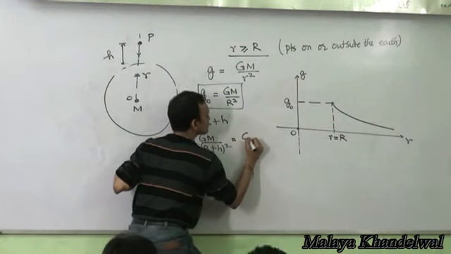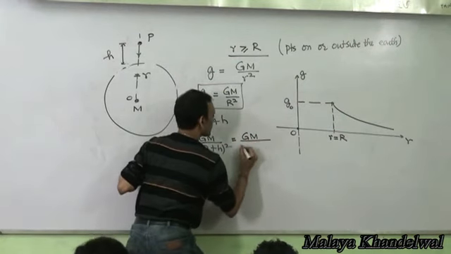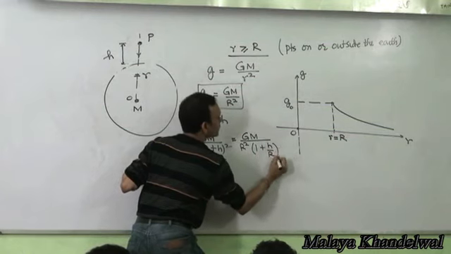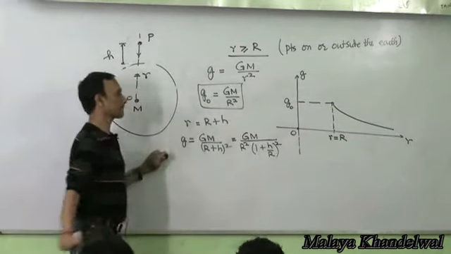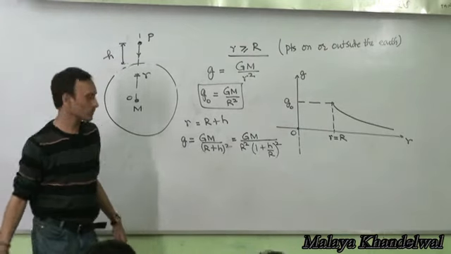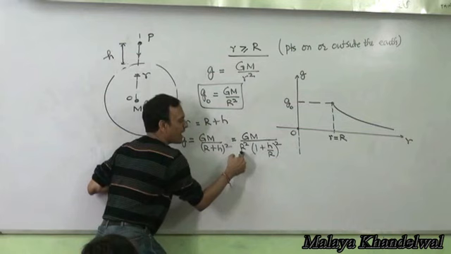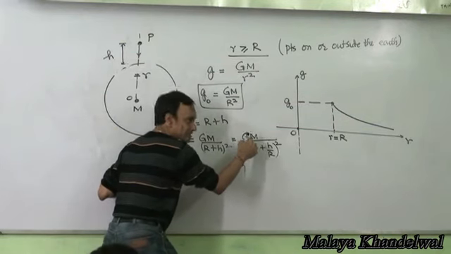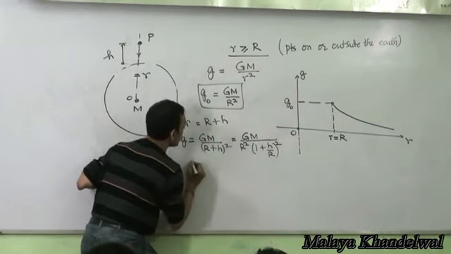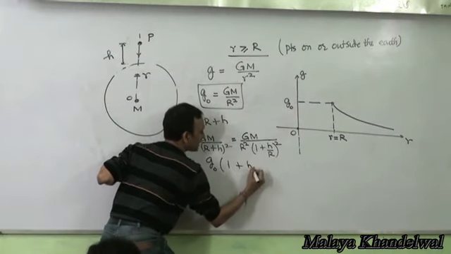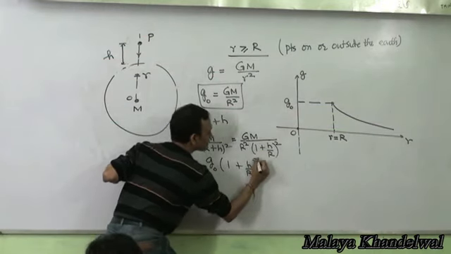Which could be written as GM by R squared into (1 plus h by R) whole squared. Now, GM by capital R squared is g naught, acceleration due to gravity on the surface of the earth, into (1 plus h by R) to the power minus 2.